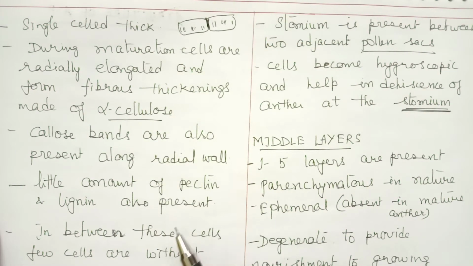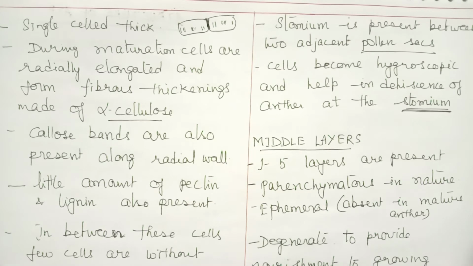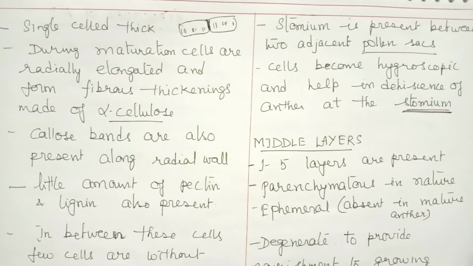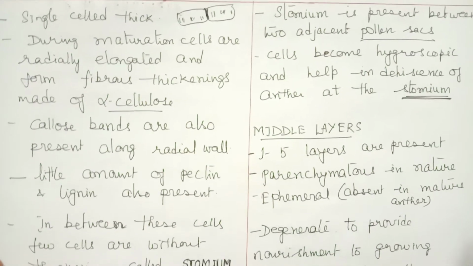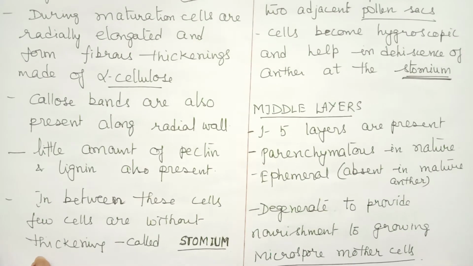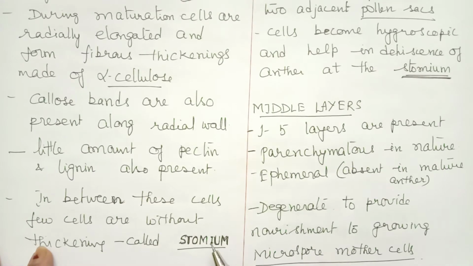Along with that, a very little amount of pectin and lignin also are present. So cellulose is present in large amount, callose is present on radial walls, and very little pectin and lignin are present. And the most important thing, in between these, a few cells are without the thickening, called stomium.